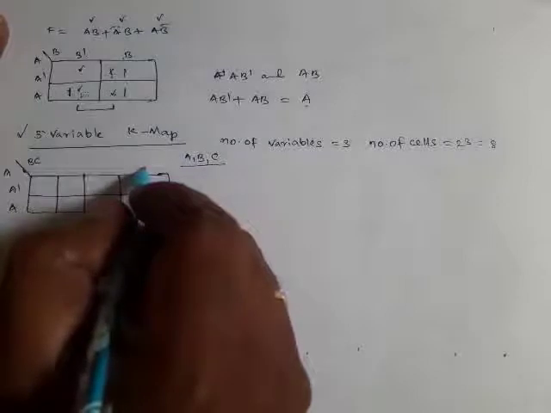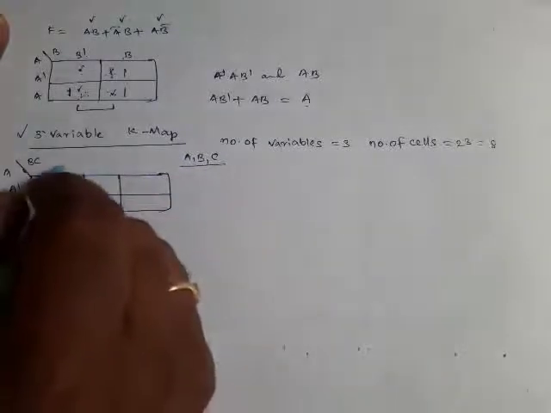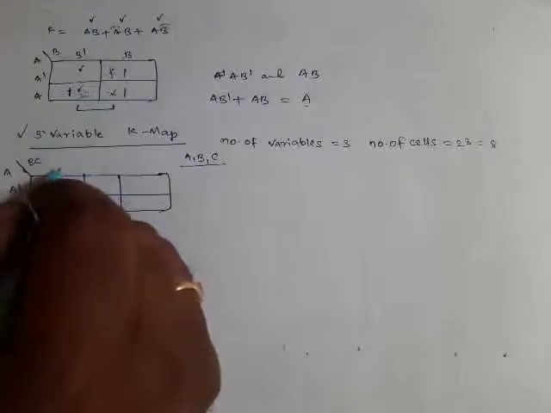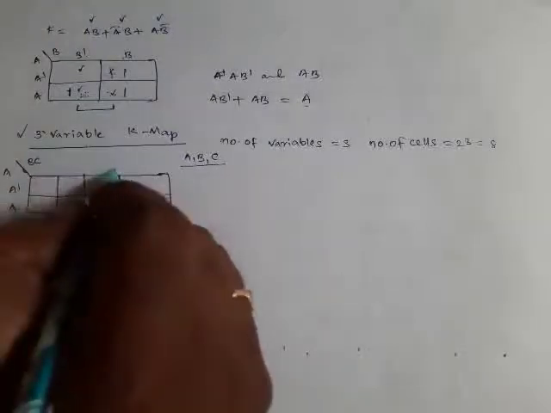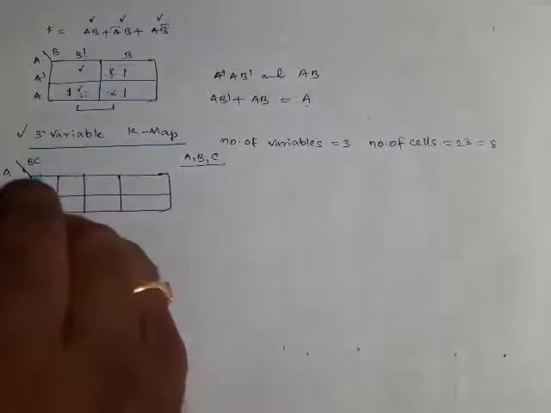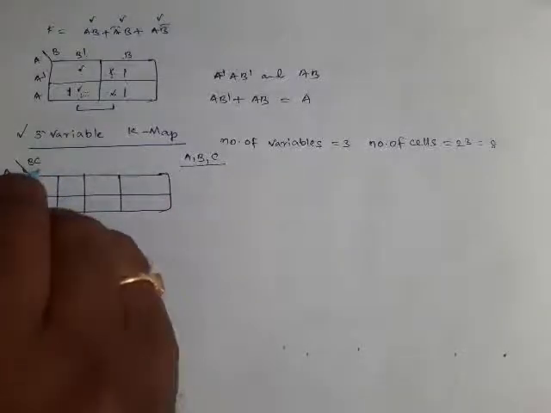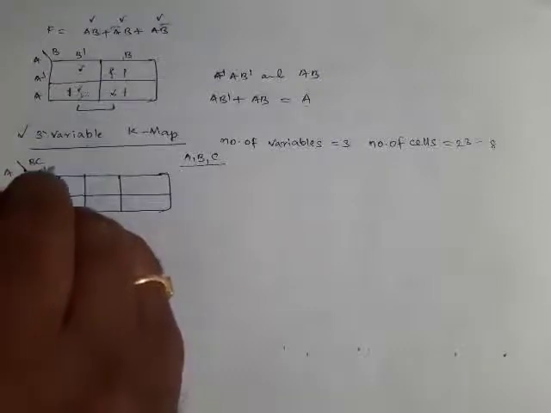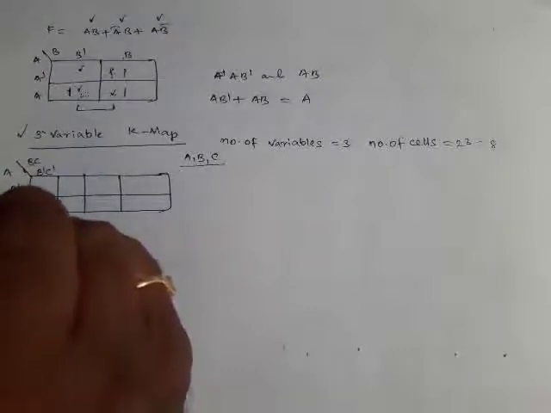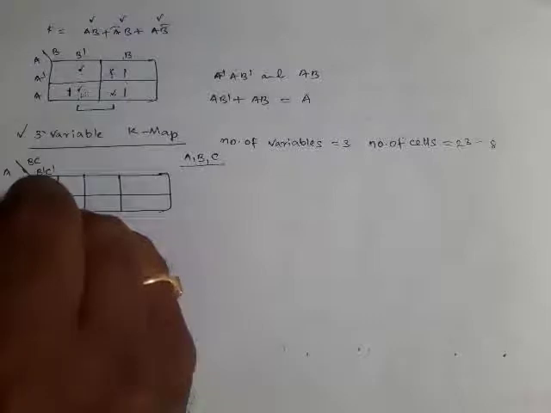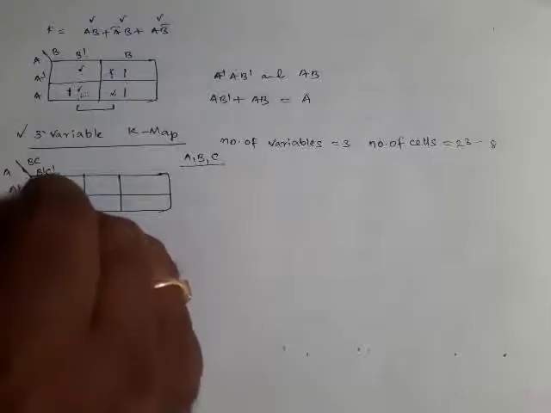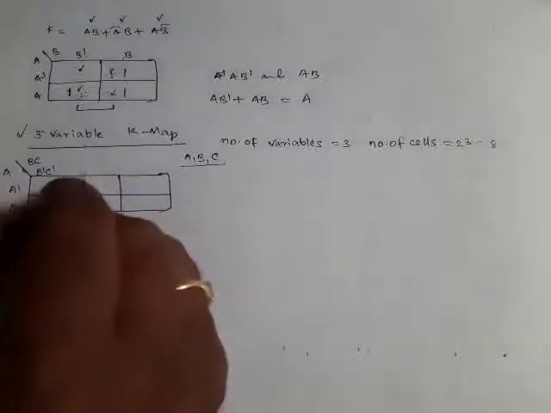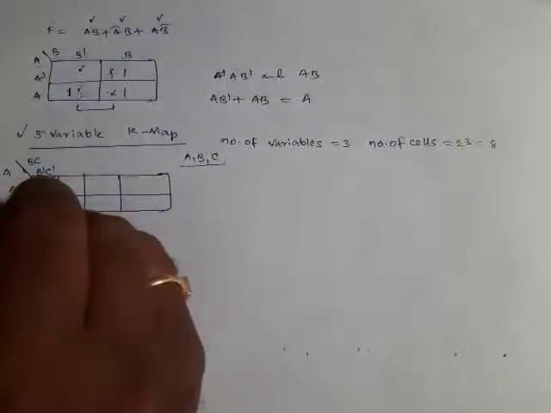So then what is the sequence followed to represent these 4 columns? The first column is represented with b bar c bar, that means when both b and c take 0.